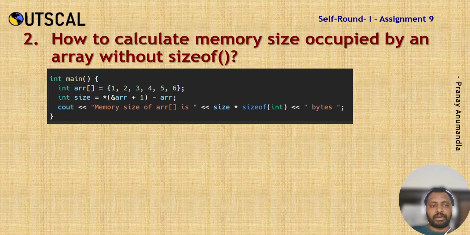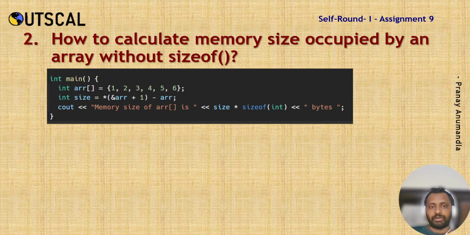The array ARR will give the first address, and ampersand of array will give the address of the entire array, and plus 1 will give the address just after the last element.